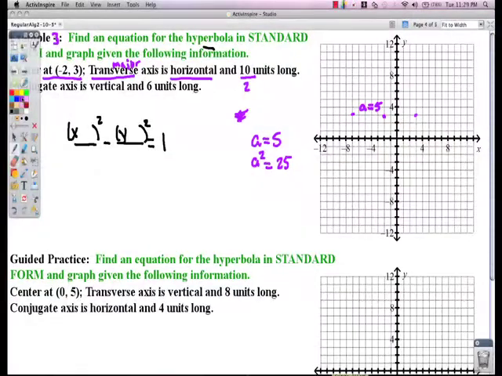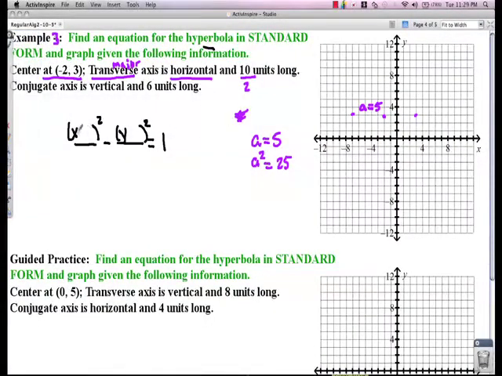Let's fill in the numbers. So what do we got? We got the center is at -2, and that should go with the x, so I'm going to put in +2 this time. And the center, or the y value, the k value, would be -3. Actually, the k value is 3, but I put it in as -3. And then the a squared, again, always goes underneath the first fraction.